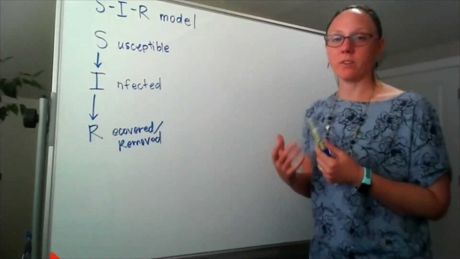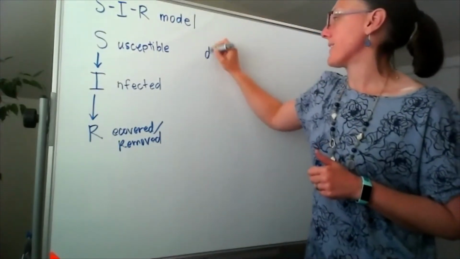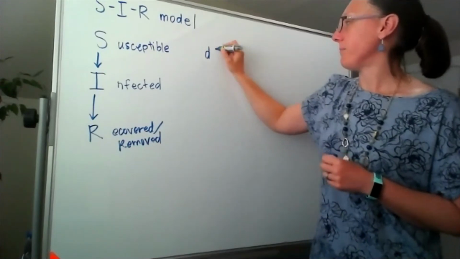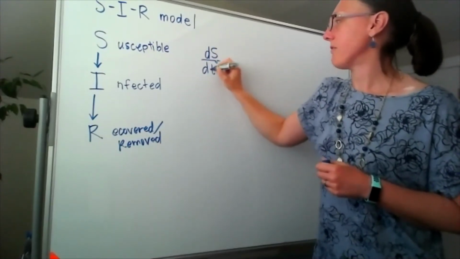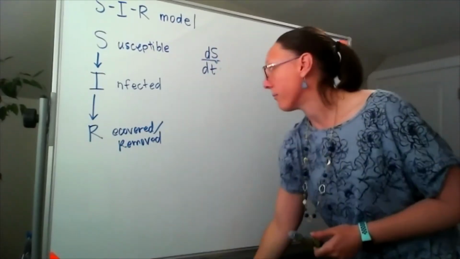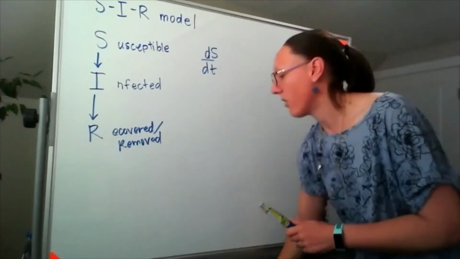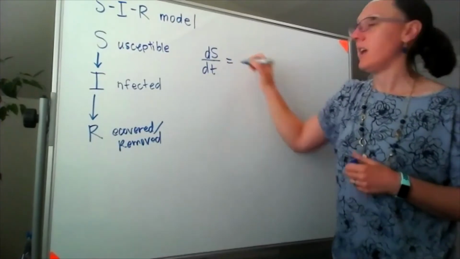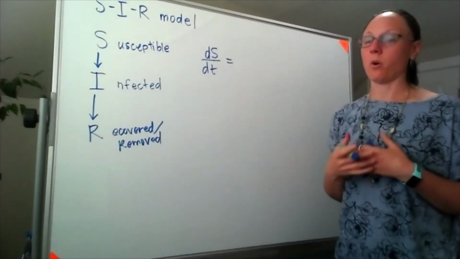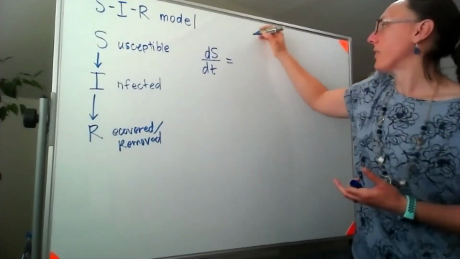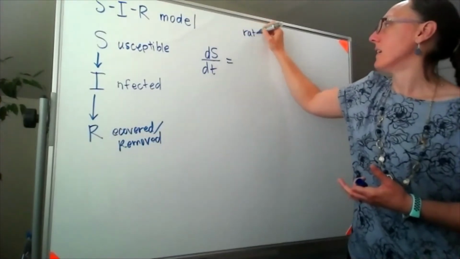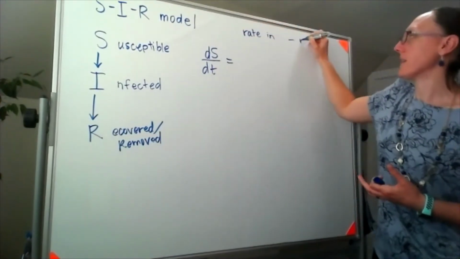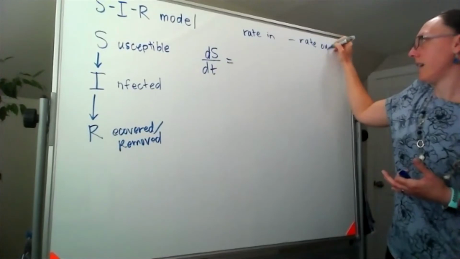So we model this with a differential equation by saying that the rate of change for the number of people that are susceptible to the disease, just like with a tank problem or a compartment problem, we're thinking about this as a rate in minus a rate out.